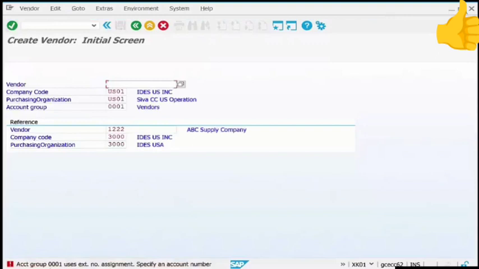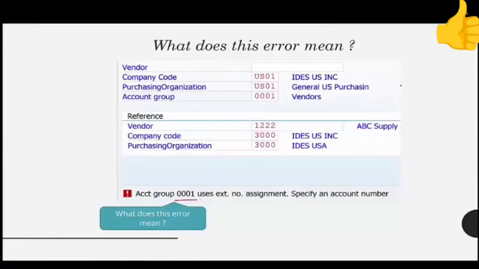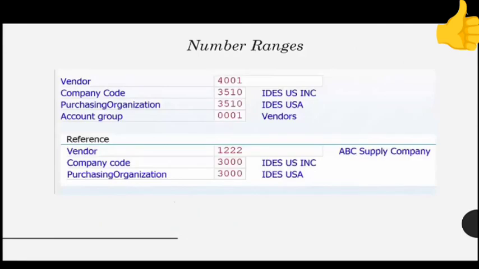It says account group 0001 uses external number assignment. What does this error mean? There's something called number ranges. What's a number range? A number range represents a range of numbers that can be assigned to an object, in this case, vendor.